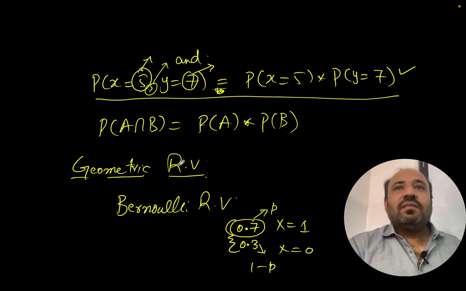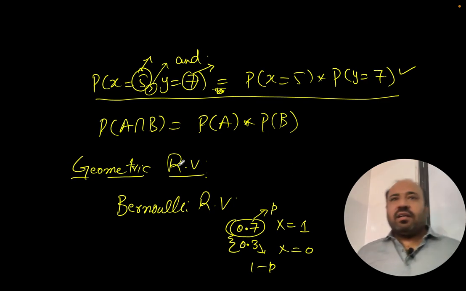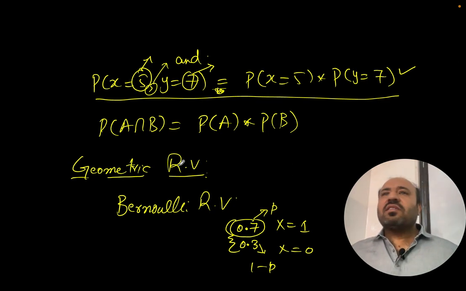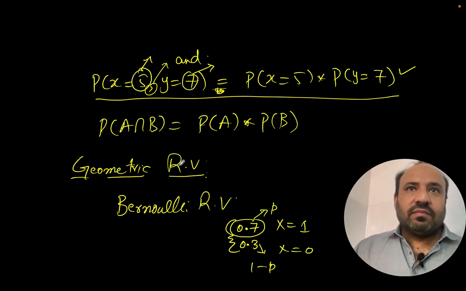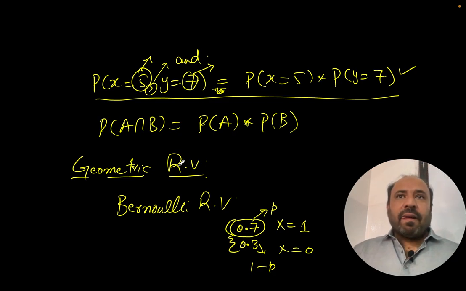Experiment might be that given the target, let's say 300 something, the team which is going to play the bat now, they will win or not. If they win, x is equal to 1.